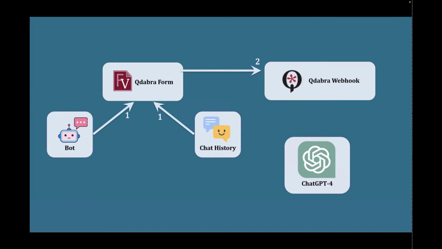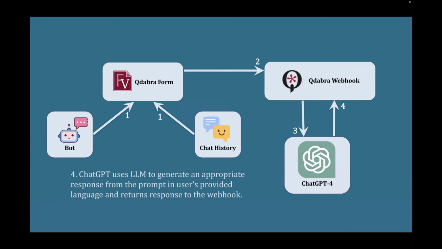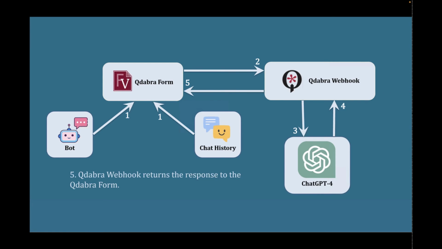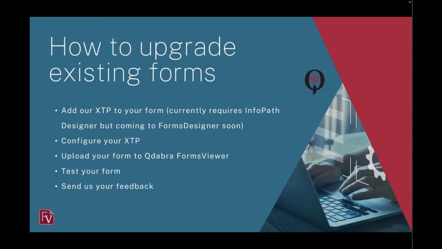The form passes the user message and the chat history to the Qdabra webhook, which interacts with ChatGPT-4 to generate an appropriate response based on the encapsulation of the original message, then responds to the form and displays the message in the chatbot. So that's how this is working underneath the covers. And yeah, it's easy to do. You just add Mel's XCP to your form. We'll include that in the package after the webinar.